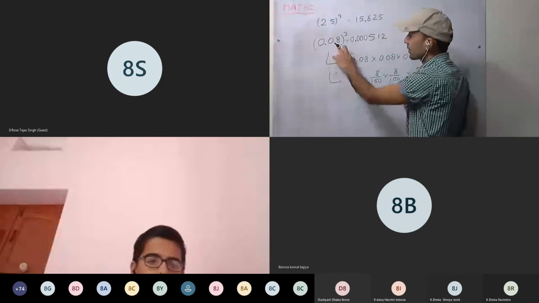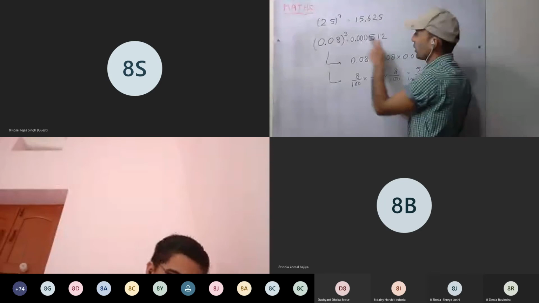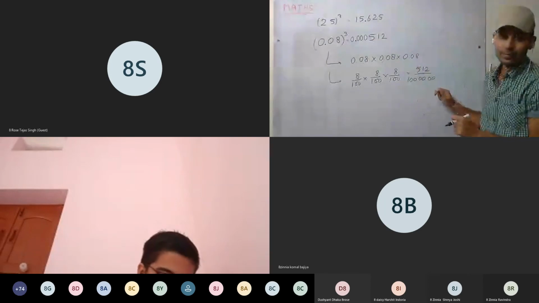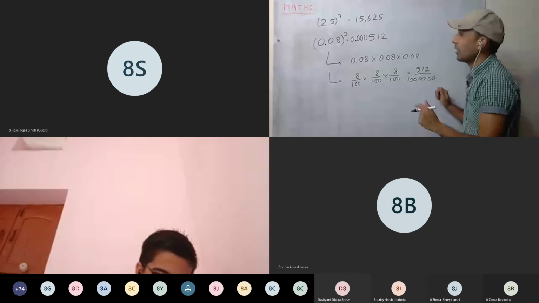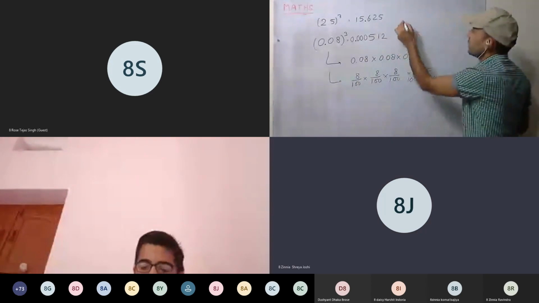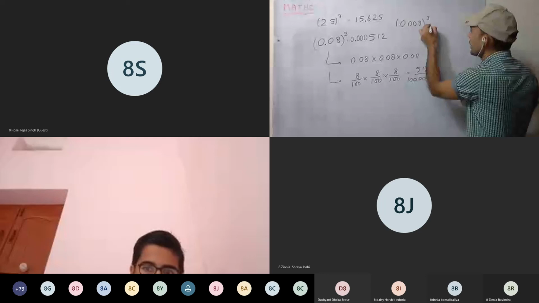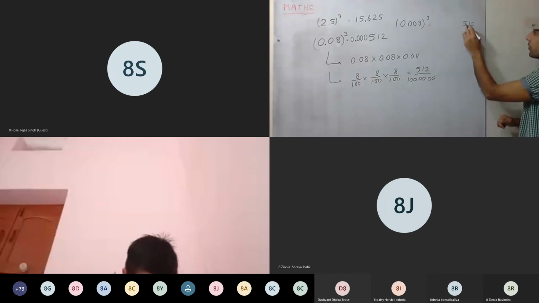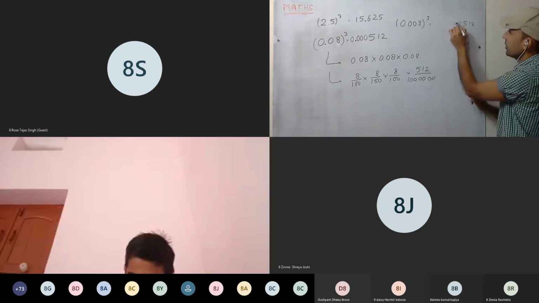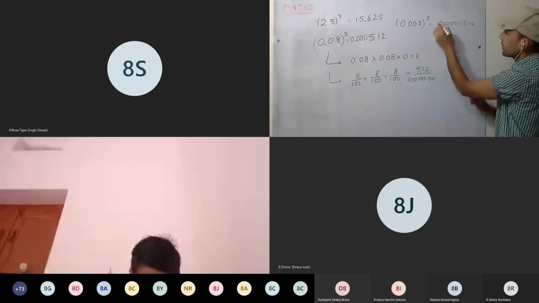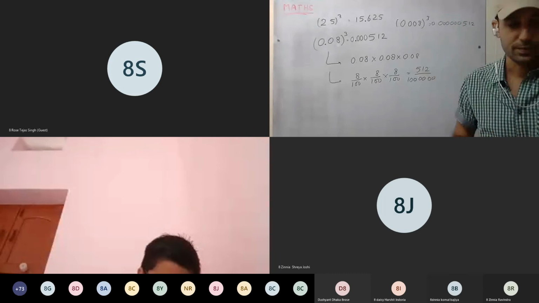If it is 2 places, 6 places in the answer. If it is 3 places, how many places? 9. That means if it is 0.008 cube, what will be the answer? 512, you write 512 with 9 decimal places. This will be the answer. You understood this?